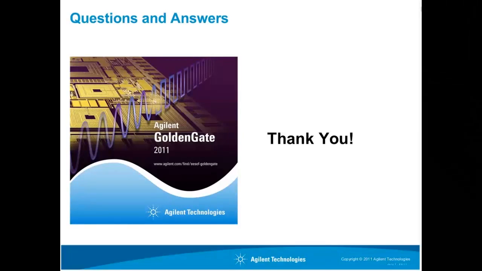Okay, I'm going to have to ask this one question because this is all that we have time for. This is from JE: how does the 89600 VSA work with SystemVue? So the interface we have with the 89600 vector signal analyzer in SystemVue is very similar to what we have in ADS.